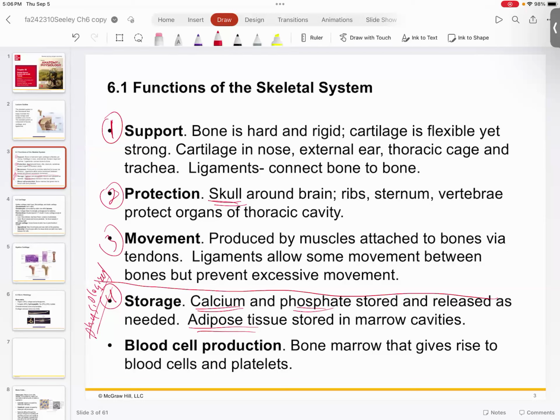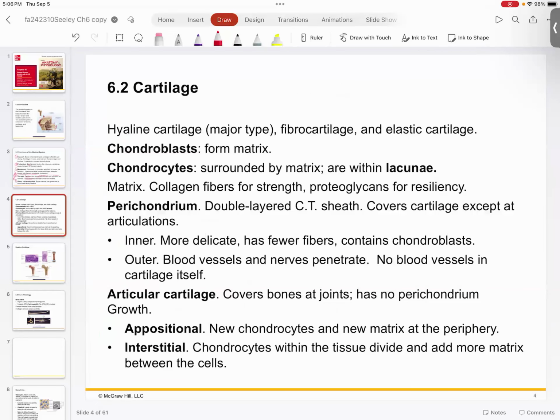Sometimes we don't think of bone as a storage unit for calcium and phosphate, but it is indeed. The other one we don't think about is blood cell production. In our bone marrow, our blood cells and platelets are produced. So there are a lot of different functions, and probably the most important functions of the bone are oftentimes physiological, the ones that we tend not to think about.